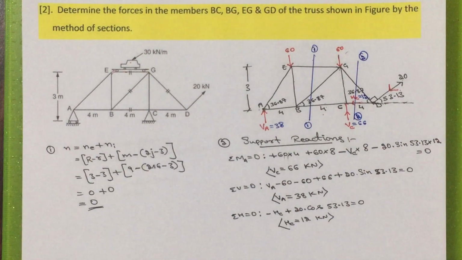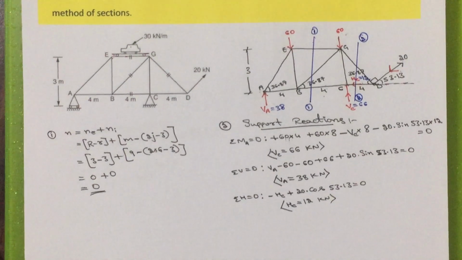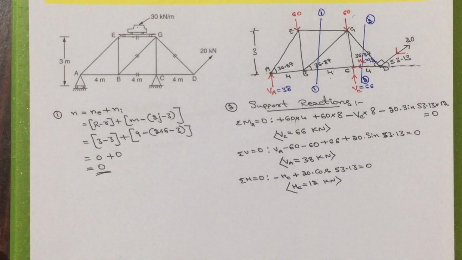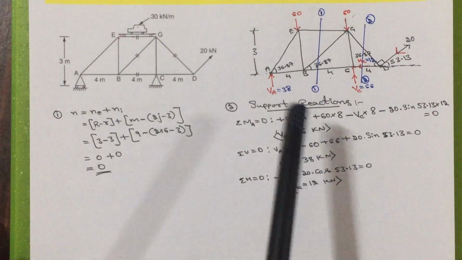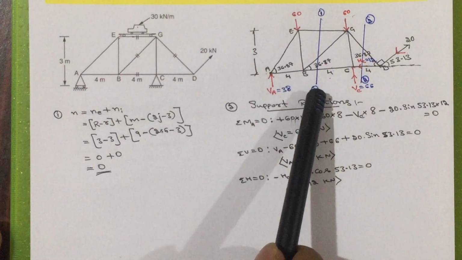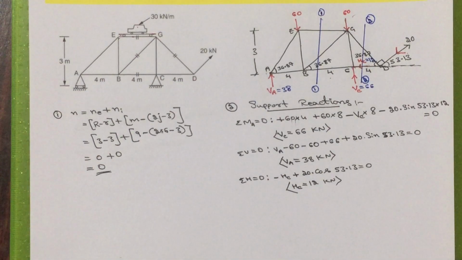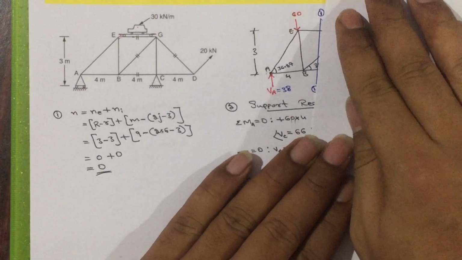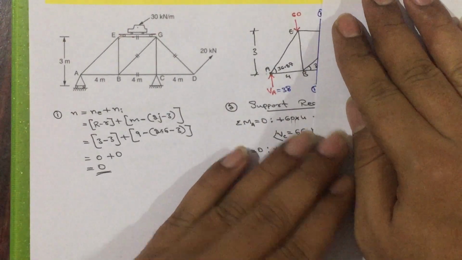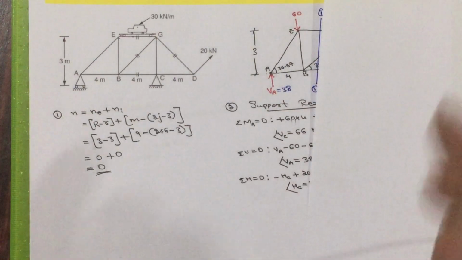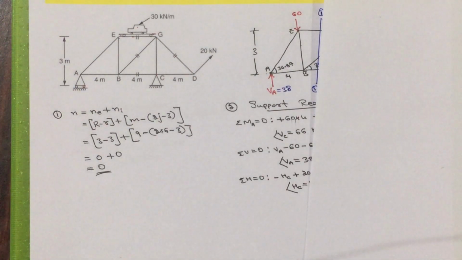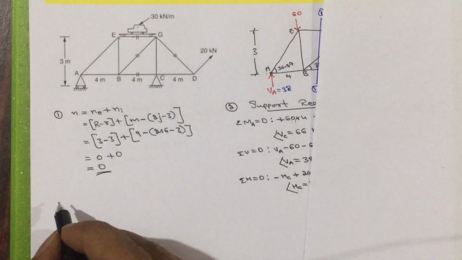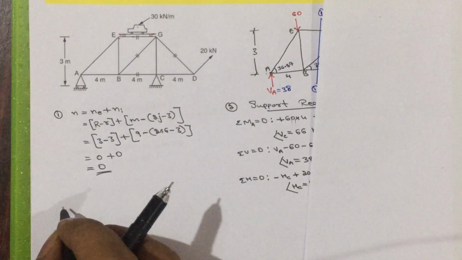Once you write the section line, either you need to take left of the section or right of the section, then write the free body diagram and solve the problem. I am going to consider section 1 and I am going to take left of the section, that is I am going to write whatever I am seeing on the left hand side. So let us write that one as it is. It is section 1.